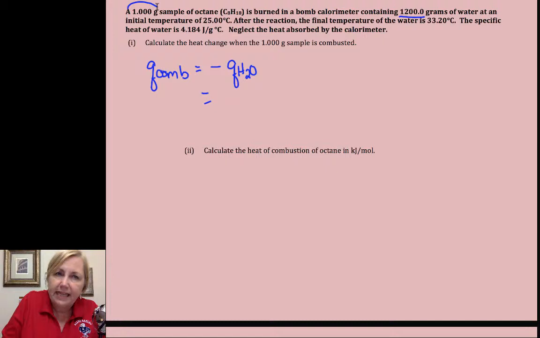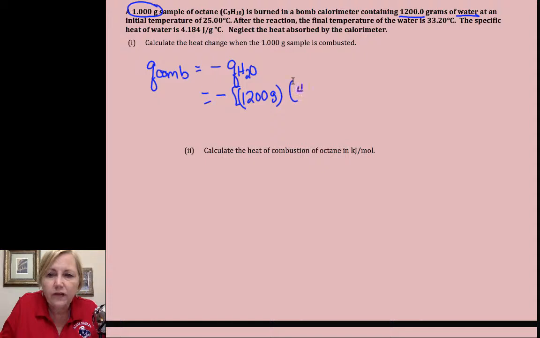You're going to be tempted to take that 1 gram sample, but we're doing Q of the water, so we need the mass of the water. So we'd have minus 1,200 grams of water times the heat capacity of water, 4.184 joules per gram degrees Celsius, times the final 33.20 minus the initial, which was 25.